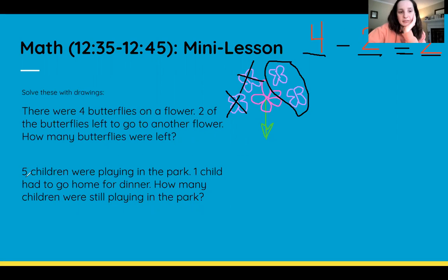All right, this one says 5 children were playing in the park. 1 child had to go home for dinner, so he left. How many children were still playing in the park? Okay, so think about how you can draw a picture of this. 5 children were playing.